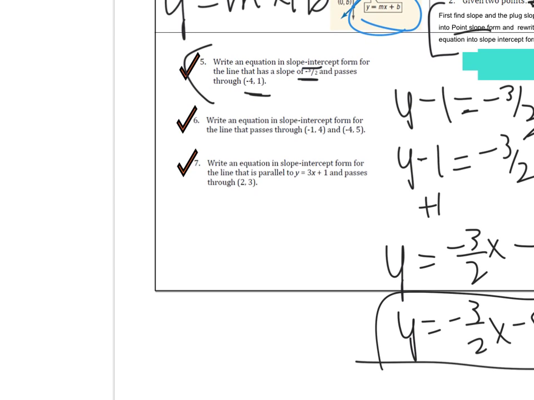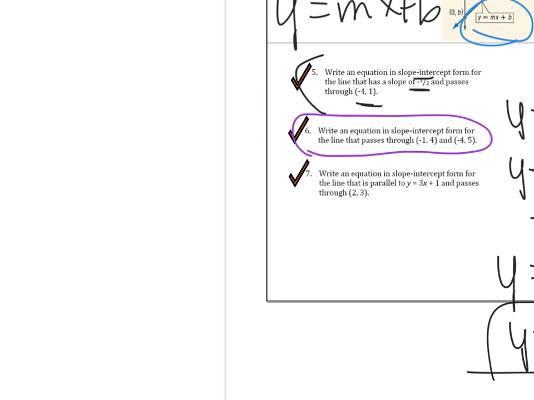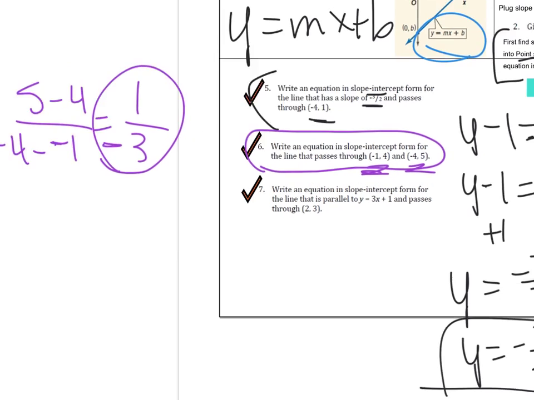Now, if I look at number 6, change up colors here. You're given 2 points, so that means I've got to do a little bit of work ahead of time. I have actually got to figure out a slope here. So if I take 5 minus 4 over negative 4 minus a negative 1, I get 1 over, looks like negative 3. So that's what I get there. So now take this slope, take one of these points, I don't care which one, whichever one looks easier to you, and go back to point slope form here.